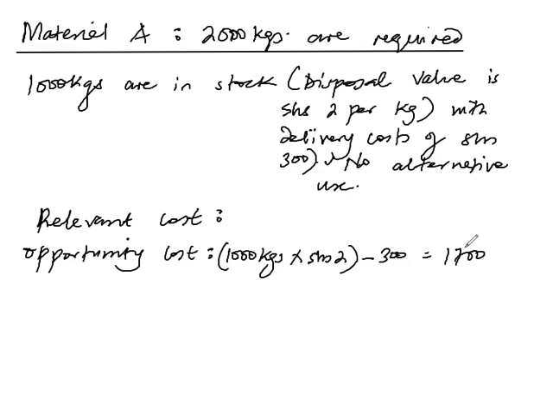It is a gain that is going to be foregone as a result of using these materials on this contract. Then in addition to that, remember we need 2,000 kilograms of this material A for the contract. But so far we have 1,000 kilograms. These are not enough. We have to purchase more 1,000 kilograms to make it to 2,000. So there is another, additional cost that has to be incurred.